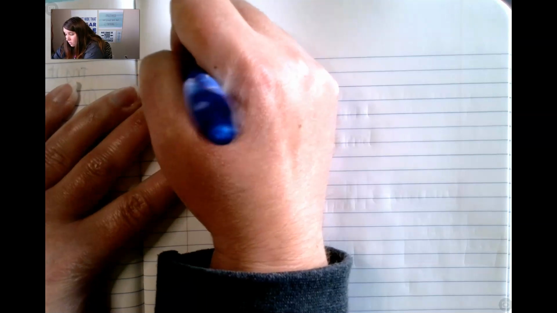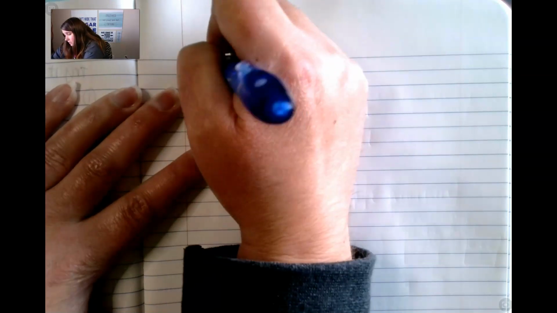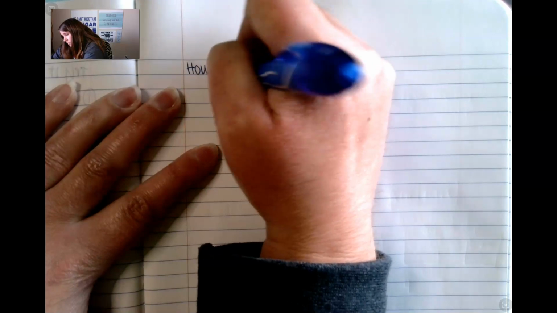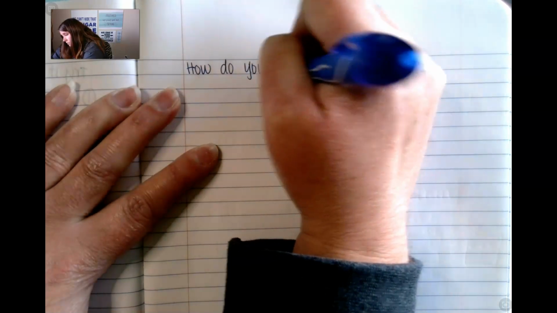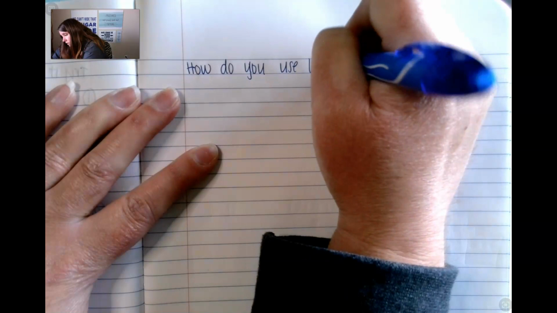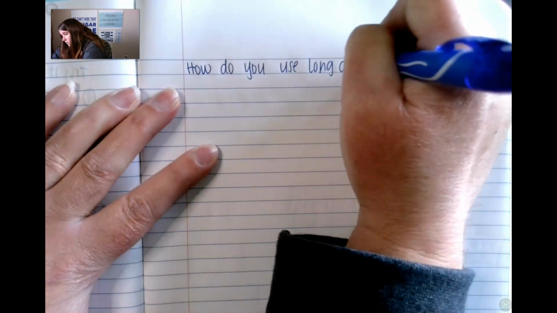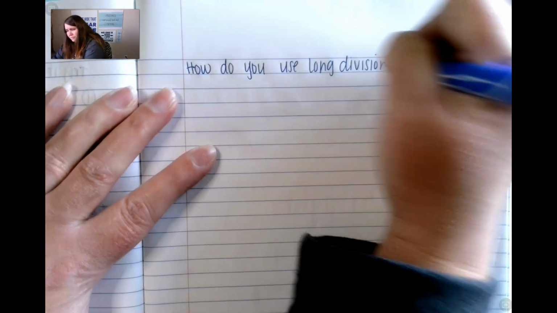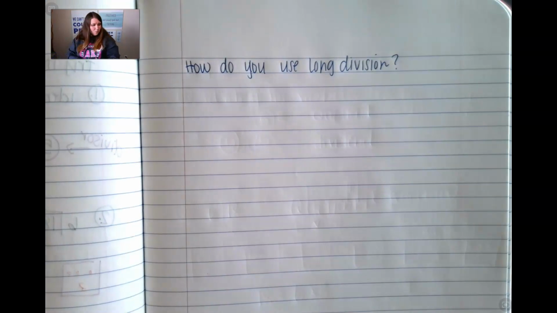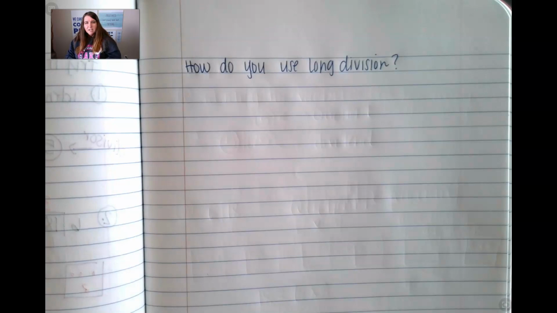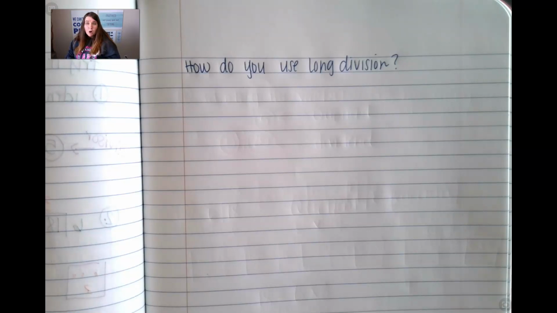How do you use long division to solve division problems? Long division is just a way to solve and split problems without drawing.